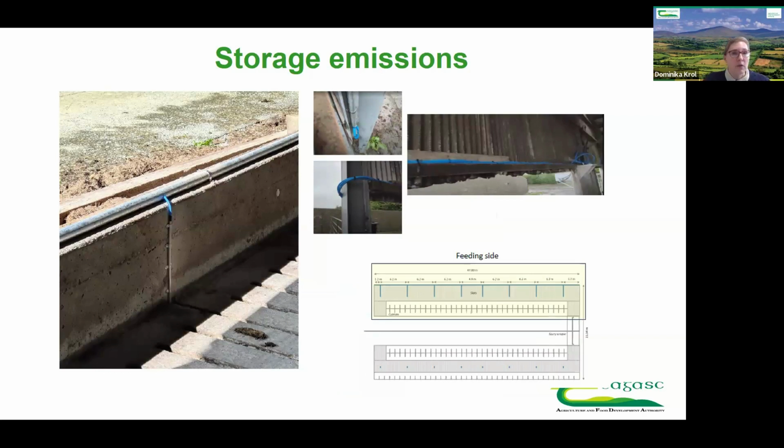So when you think about, for example, slurry acidification, you might have heard from other countries about the issues associated with the whole setup and infrastructure required for that. But here you can see a very, very easy setup to introduce amendment into the tanks.